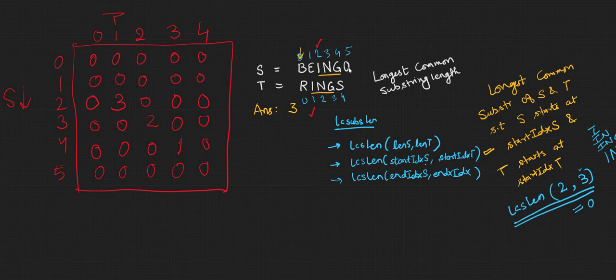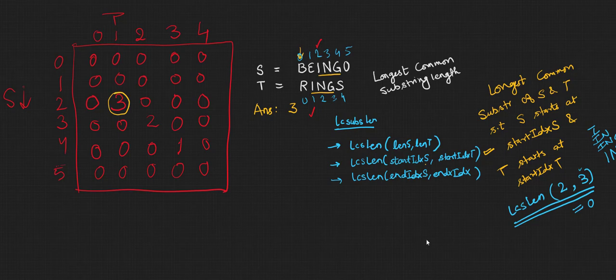So now if I ask you, with every realignment and adjustment of S and T, we have filled some answer. Out of these answers, which answer will you pick to be your answer? 3. And what is the basis of that? Because it's asked for the longest common substring, so the maximum would be our answer.